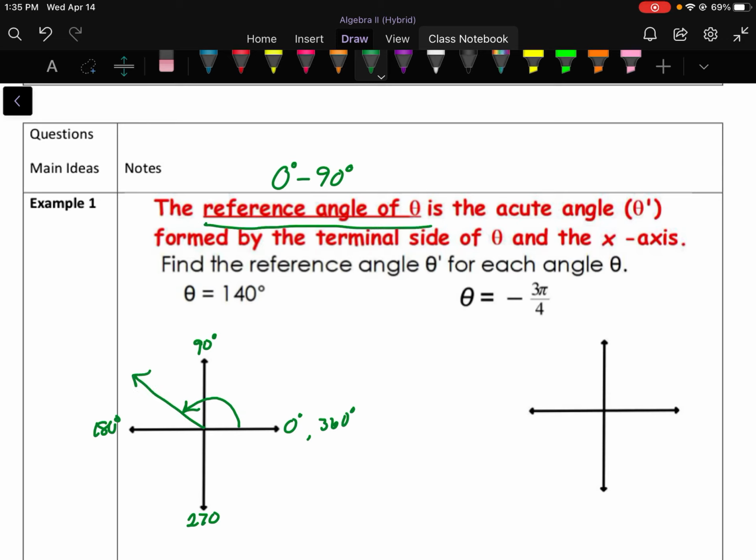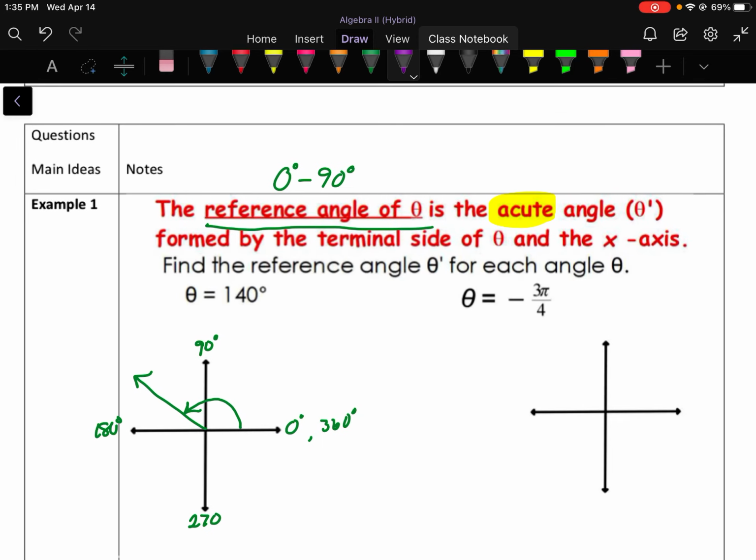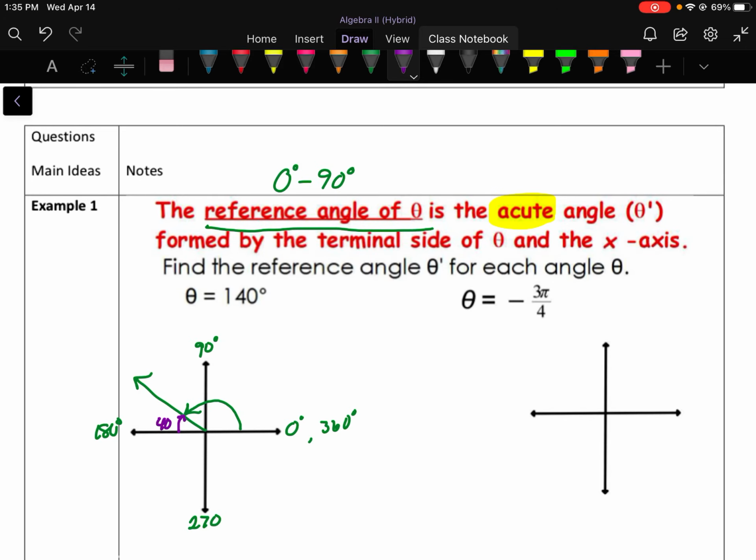But the key is the reference angle has to be acute, which means it's between 0 and 90 degrees. So we start from the terminal side and work from the bottom up. 180 minus 140 would be 40 degrees, so my reference angle would be 40 degrees.